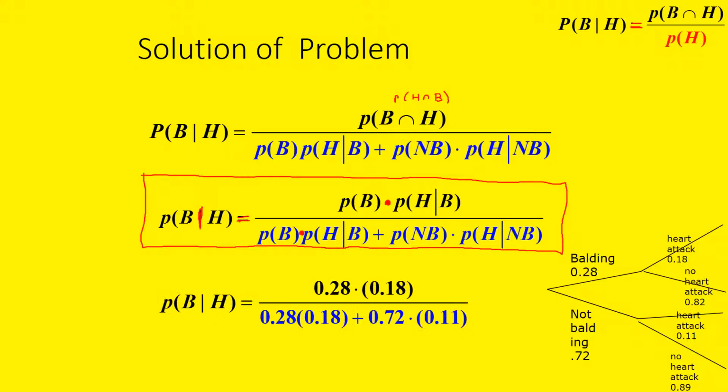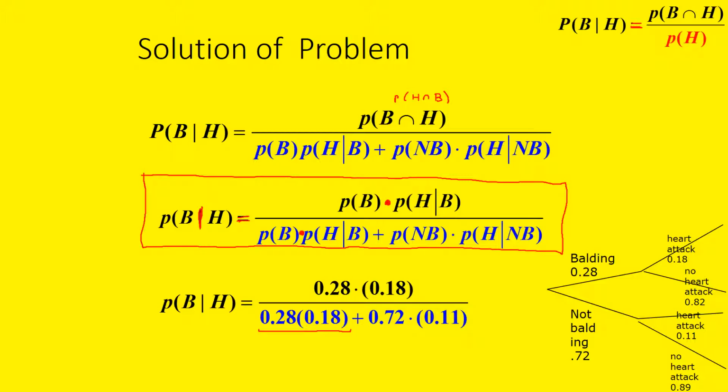Well, as I said, we could substitute numbers. Probability of B we know is 0.28. Probability of heart attack given B is 0.18. Then that same exact expression that we have in the top appears again down below.